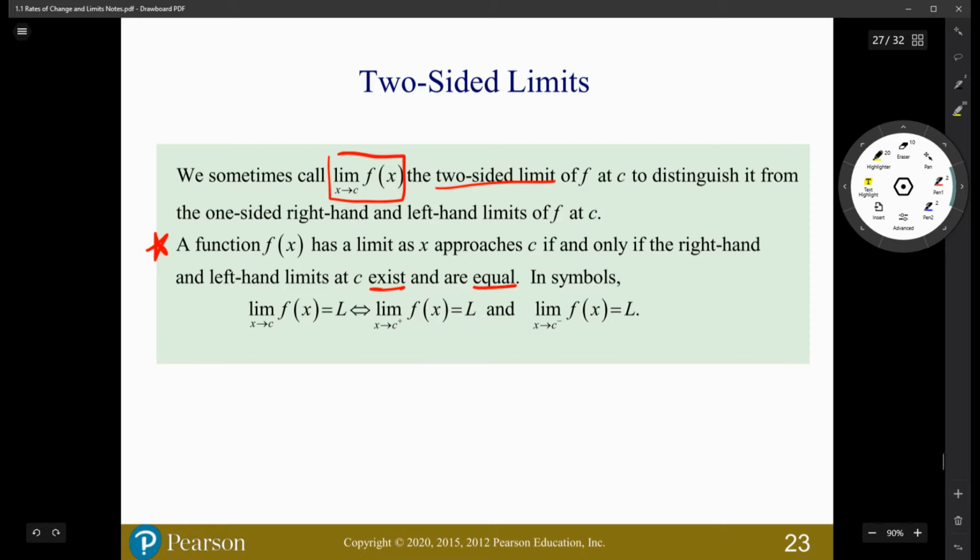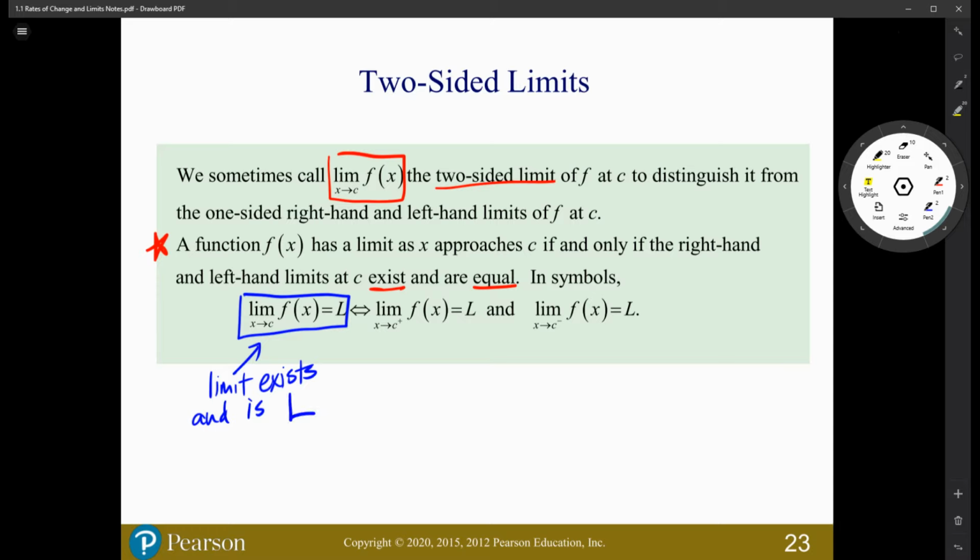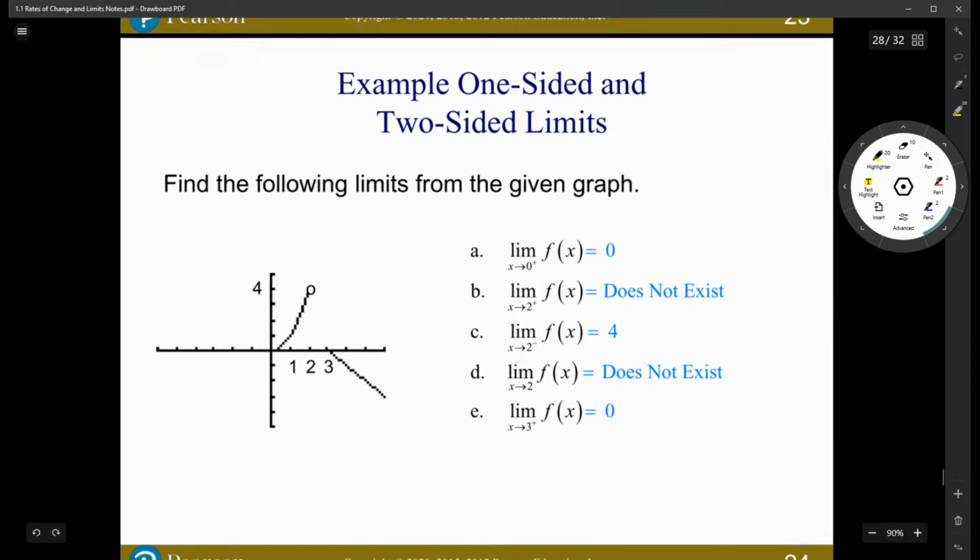In symbols, the limit as x approaches c of f of x is equal to L. The limit exists and is some number if and only if the right-hand limit and the left-hand limit are the same value, and they also must exist. So that's going to be a way that we use to examine something called continuity in a little while. But for right now, that is an existence of a two-sided limit theorem.